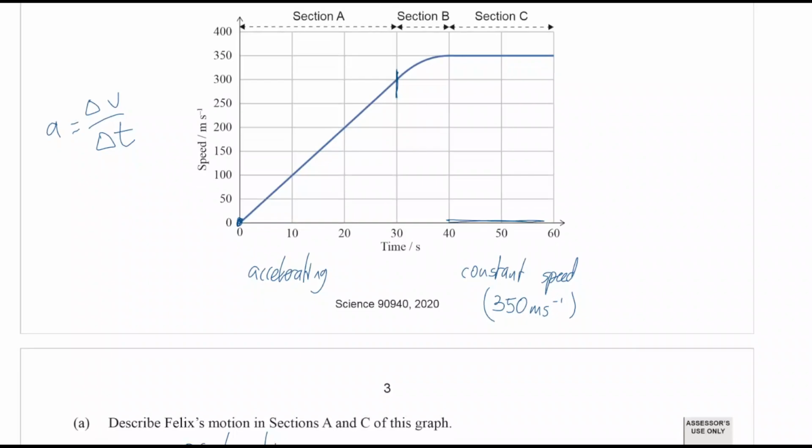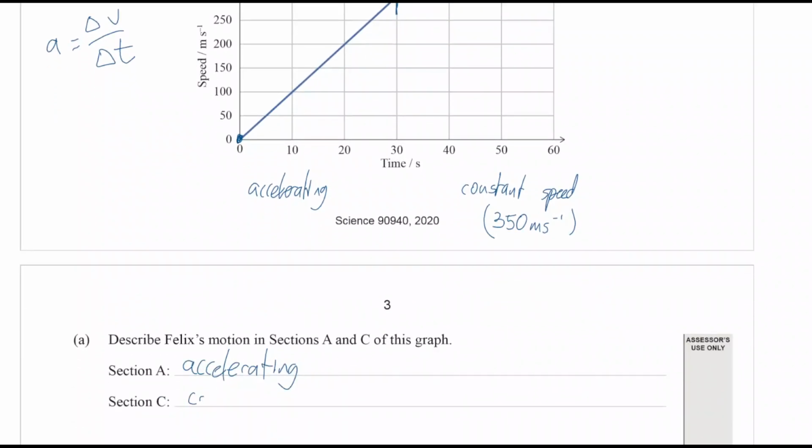There could be a flat line at 0, which means stationary, but that is also a constant speed, right? It's just a speed of 0. But in this case, he's definitely not going 0 meters per second. He's going 350 meters per second. So constant speed. And because we're extra smart, we're just going to put in the speed he's going. This is, I guess, optional, because that's just describing his motion as saying things like accelerating, stationary, or constant speed.